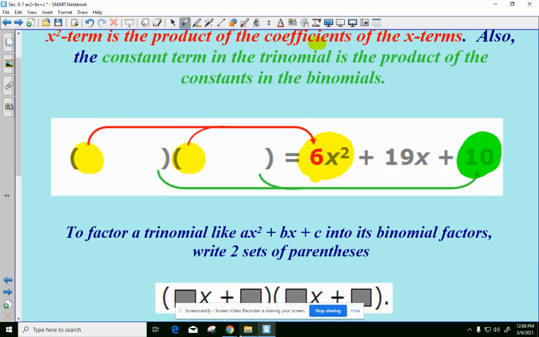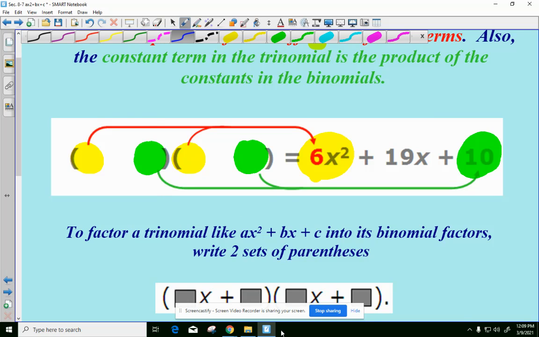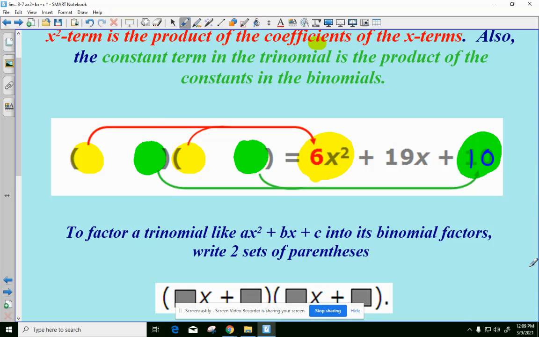So if you follow these arrows, it's coming from those two places right there. Okay. If my number was a 10, what are my choices? Multiply. Yeah, could be a 5 and a 2, 2 and a 5, a 1 and a 10, a 10 and a 1. Those are all the options, right?